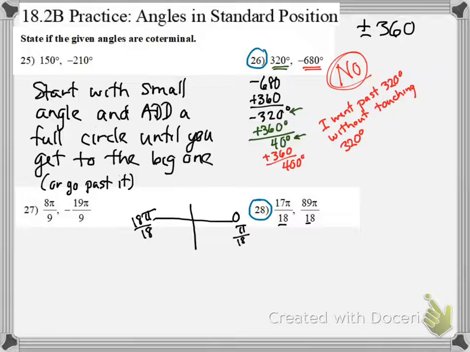Bottom stays 18. 2 times 18 is 36. So I'm going to take my smaller one here, which is 17 pi over 18, and I'm going to add a full circle to it.